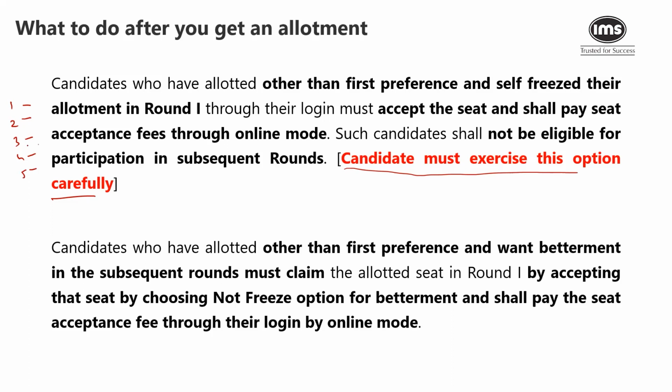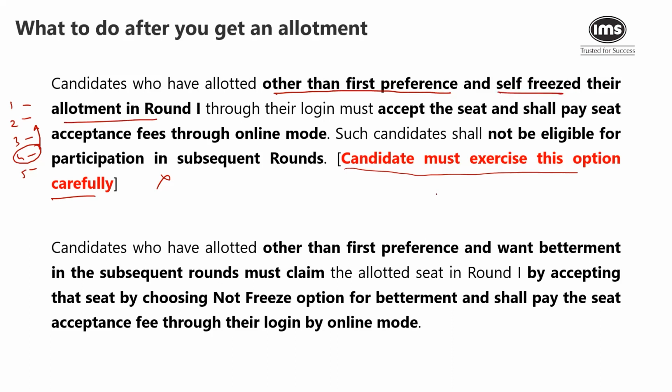And let's say you get this particular college allotted to you. Now, if you click on freeze, what you're trying to say is that I am okay with this particular college. I don't want to participate in the next round to get a better institute. And that is why this strategy is not recommended to anybody. So if you've got other than first preference, do not click on freeze.